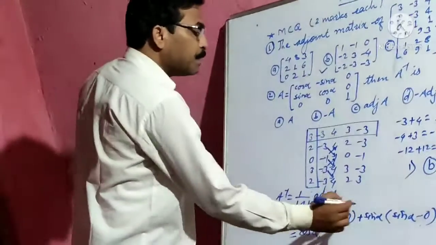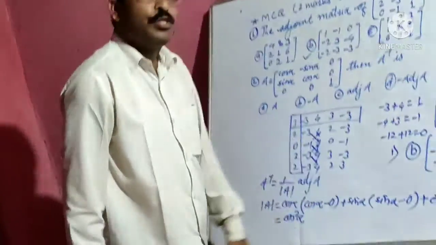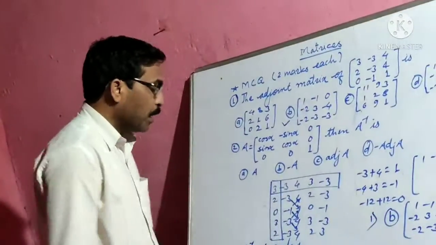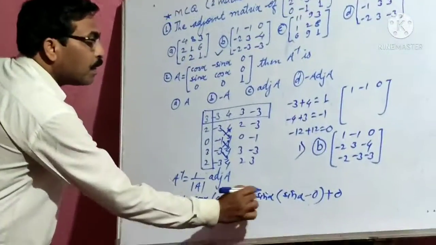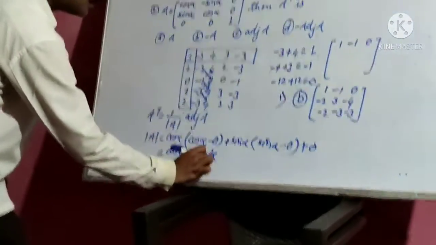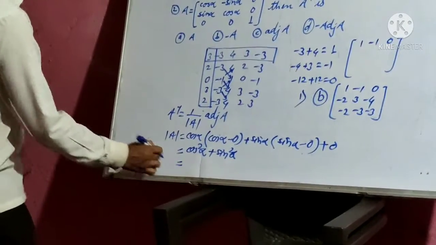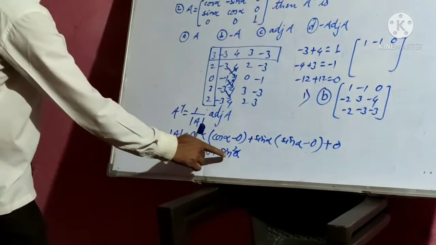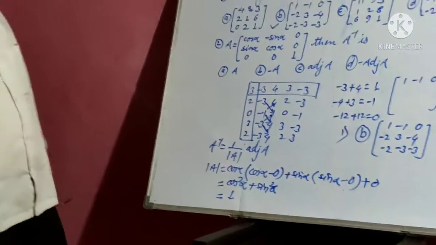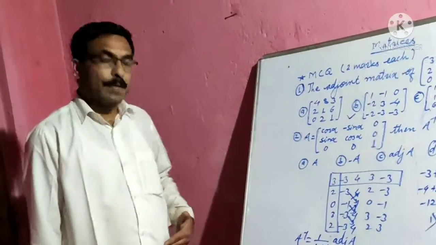After that sin alpha into sin alpha is sin square alpha, which is equal to cos square alpha plus sin square alpha, which is equal to 1.